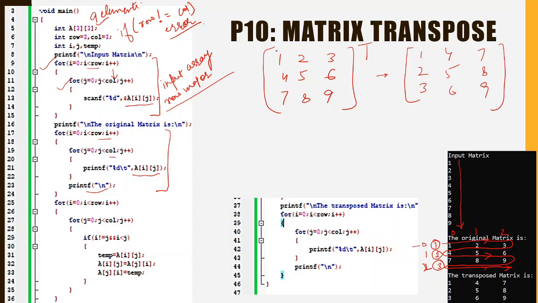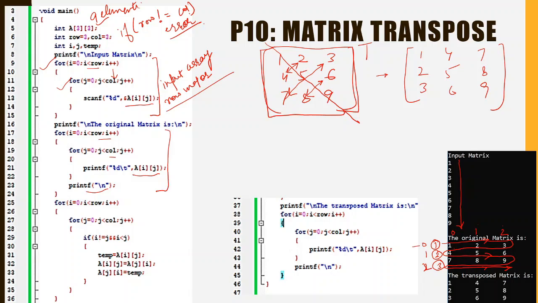That is, except for the diagonal, all the elements should get replaced by their corresponding reflection in the diagonal. This diagonal separates it into the upper triangular matrix and the lower triangular matrix, right? And every corresponding element of the upper triangle and lower triangle interchange their positions.